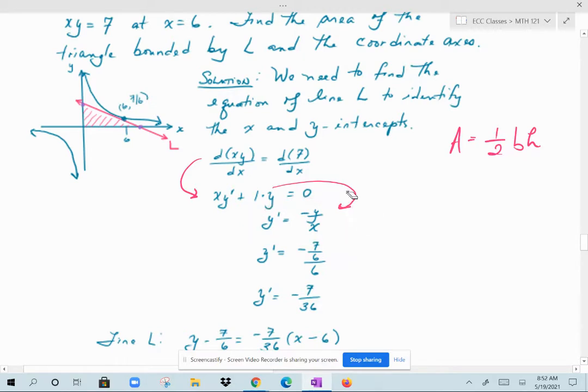And then I can plug in my number. And this is the number right here. So my y is 7/6, so that becomes negative 7/6, and x is 6. And when you simplify that, your y prime, or your slope, is negative 7 over 36.